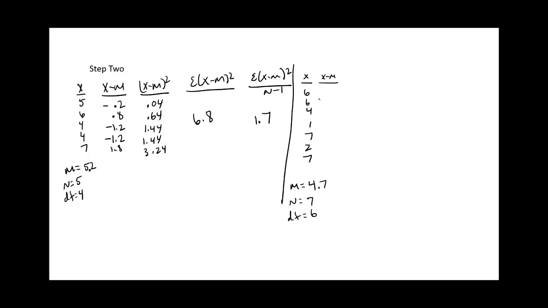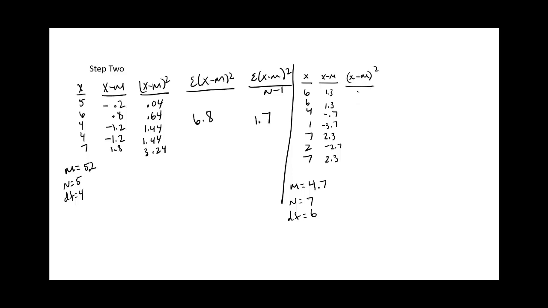X minus m, 1.3, 1.3, negative 0.7, negative 3.7, 2.3, negative 2.7, and 2.3, and those figures squared, I lost a negative sign.